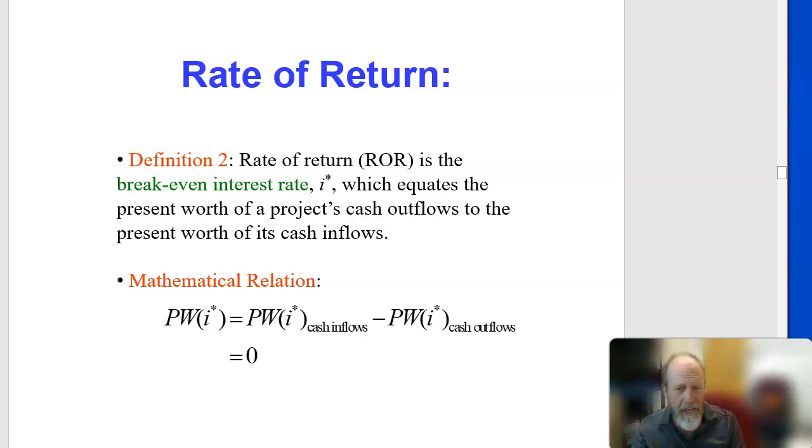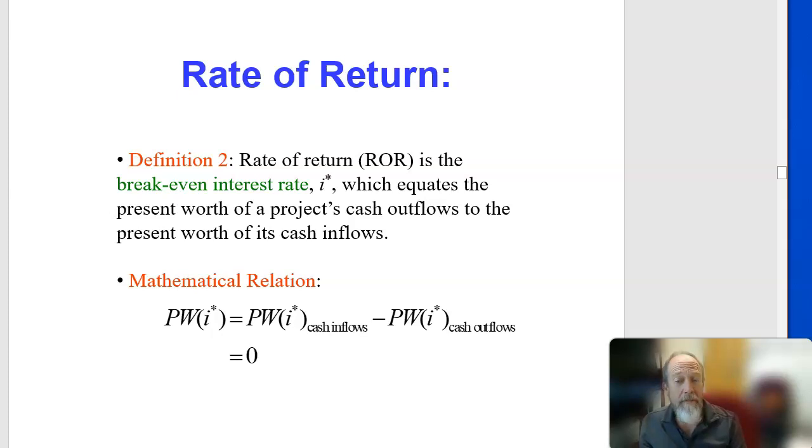If you took all those cash flows, in and out, and you zero out the present worth at that specific interest rate, that is the rate of return. Another way of calculating it: just set present worth equal to 0 from the inflows and outflows, and voila, magic occurs.